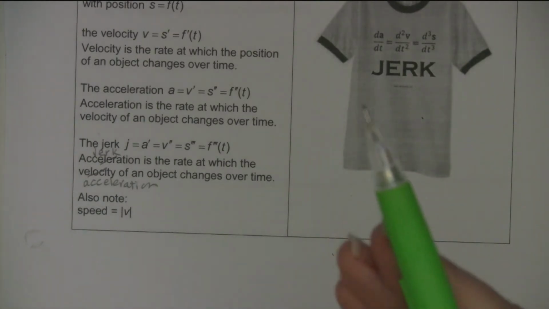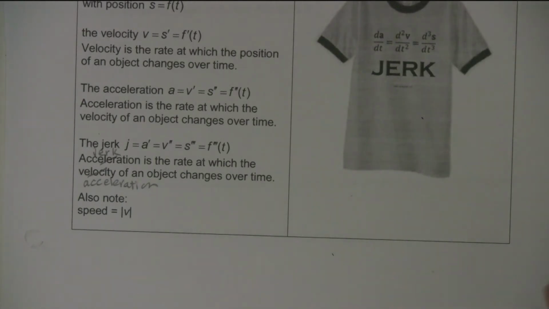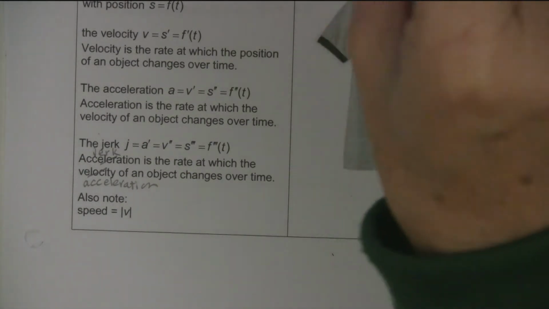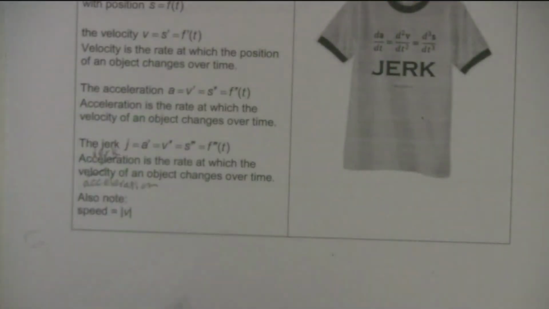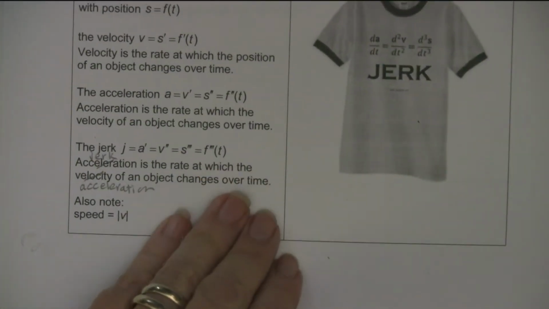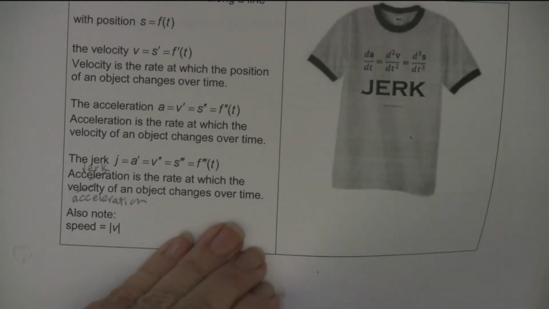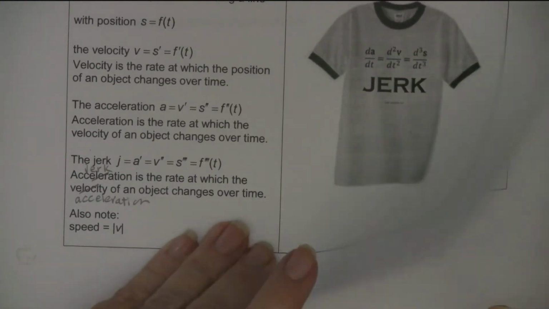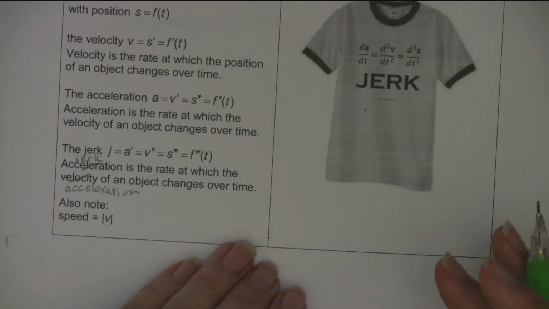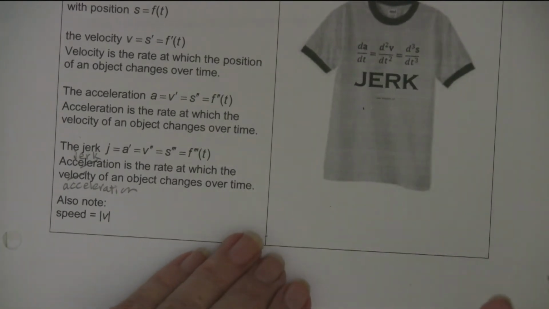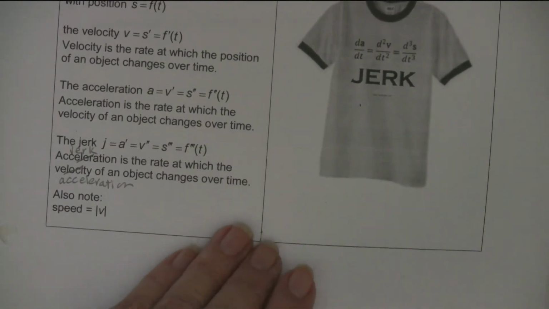Like we used to shoot these rockets off in Cub Scouts, it goes up, and then it stops and comes down, right? And the velocity as it's coming down is negative. But the speed is the absolute value, so it's always positive.